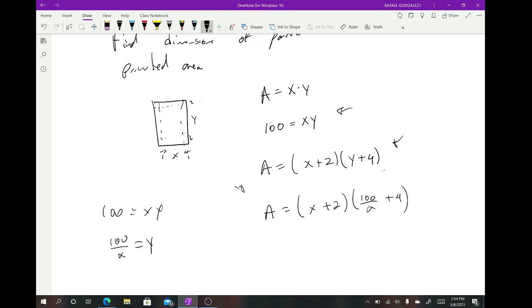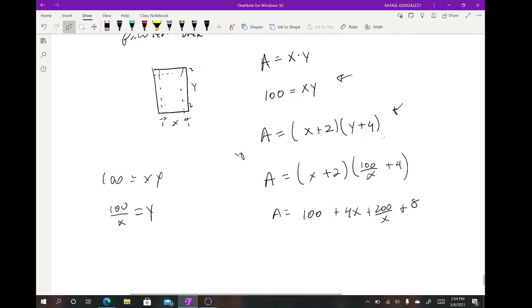Now, if I wanted to, I could multiply through and simplify this a little bit, because eventually I'm going to have to take a derivative, so might as well multiply this now. So we got 100 plus 4x plus 200 over x plus 8 when you distribute all of this out. So that means that this is equal to 108 plus 4x plus 200 over x.